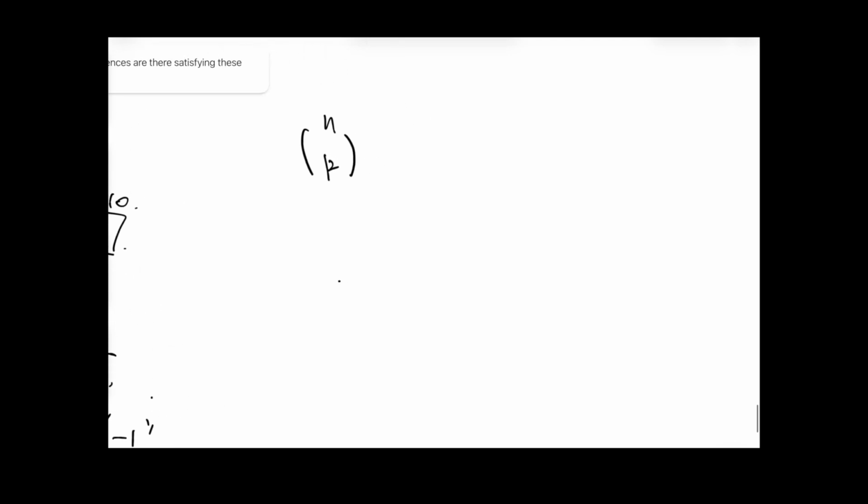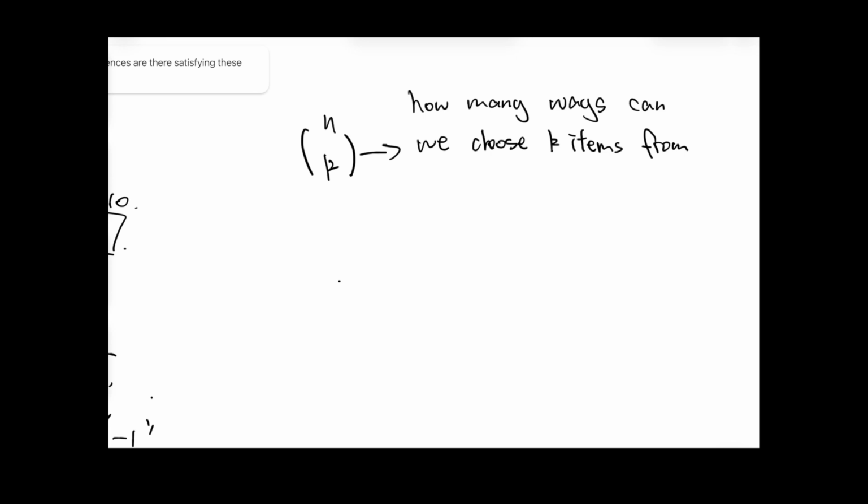It's basically trying to answer the question, how many ways can we choose k items from a total of n items. And here's the important part. Assuming the order doesn't matter.